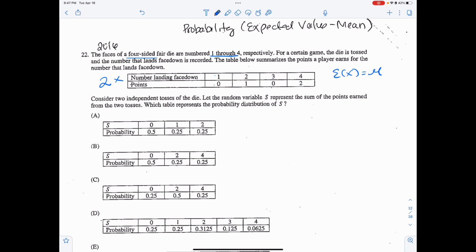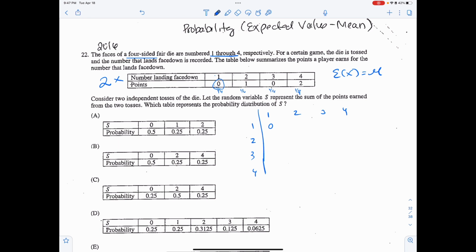We know the probability of each face is 1/4 originally, correct? But now let's see what happens if I roll it twice. This is how you could do this: I list 1, 2, 3, 4 and 1, 2, 3, 4. If I roll a 1 and then a 1, that would be 0 plus 0. If I roll a 1, I get a 0.